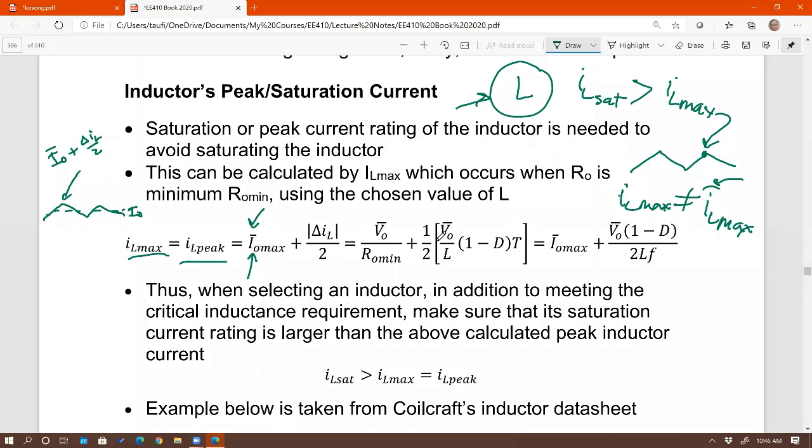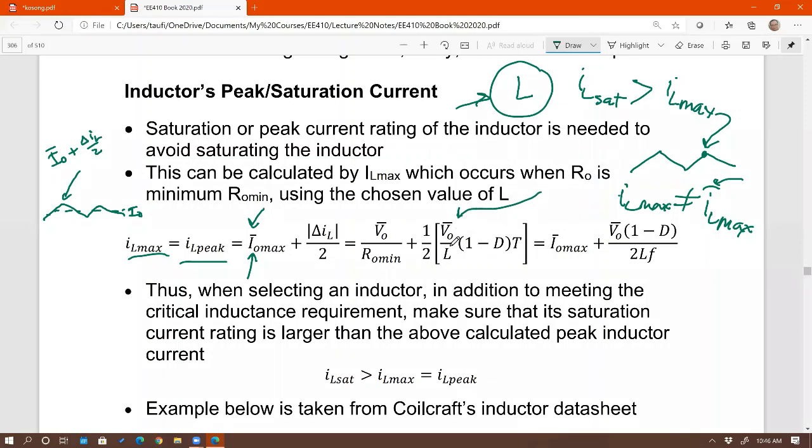Now you can already tell that for the delta IL equation, you can use T on or T off, from Tuesday. Now you know that this is coming from T off because I have 1 minus D right there. Why do I like to use T off? Because it only uses V out. If you change it to T on, you're going to have to use V in as well.